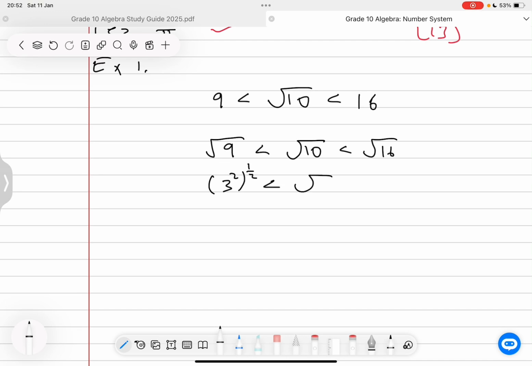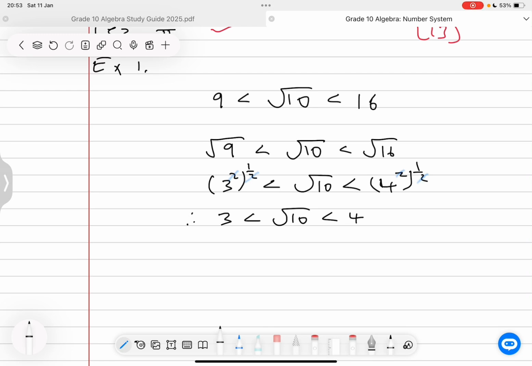So this is less than the root of 10, and 16 can be written as 4 to the power 2, and here we have 1 over 2. This and this cancel, that and that cancel. At the end of the day, I'm left with 3 being less than the root of 10, and the root of 10 being less than 4.